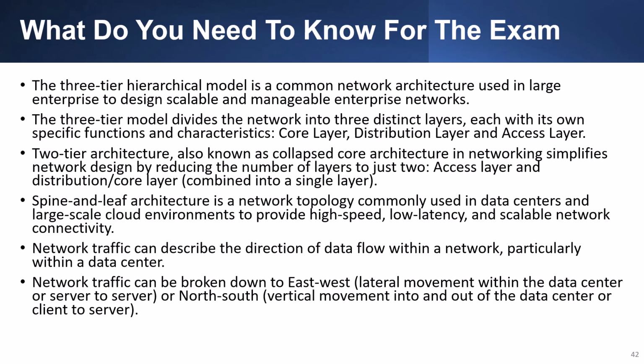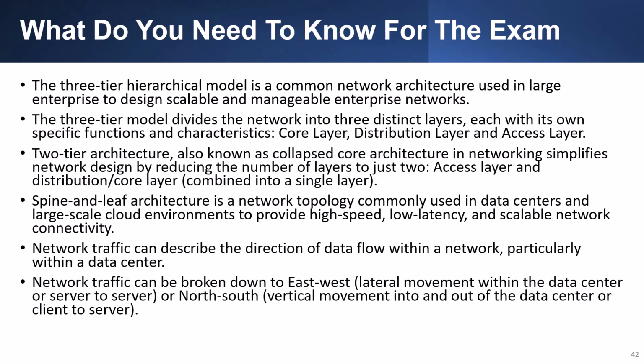In summary, the three-tier hierarchy model is a common network architecture used in large enterprises to design scalable and manageable enterprise networks. The three-tier model divides the network into three distinct layers, each with its own specific functions and characteristics, including core layer, distribution layer, and access layer.